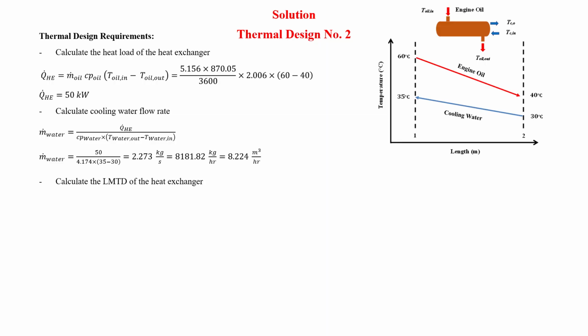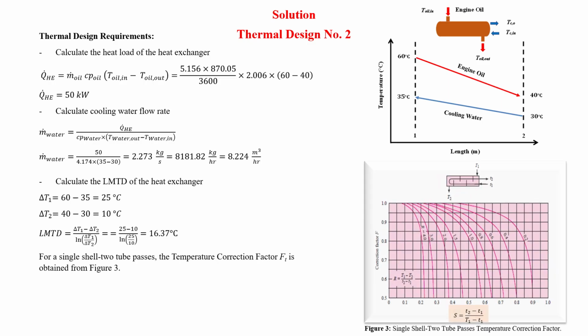And then the first step, we have to calculate the LMTD of the heat exchanger for both flow sides. Delta T1 equals 25 and delta T2 equals 10 Celsius. Then the LMTD will be 16.37 degrees Celsius.